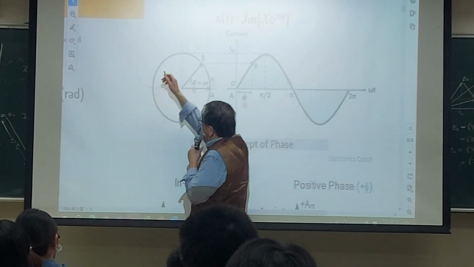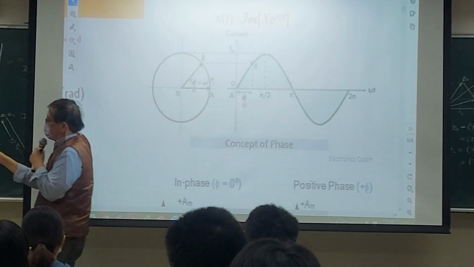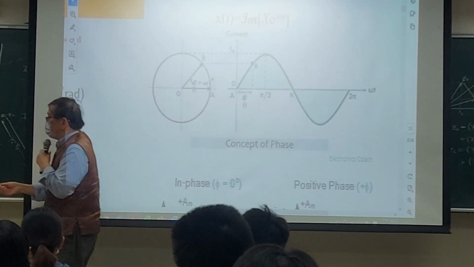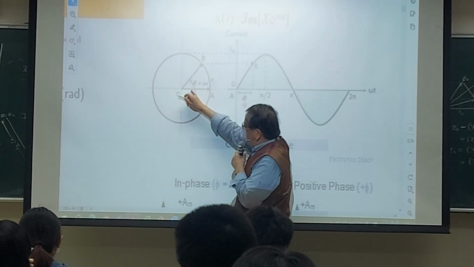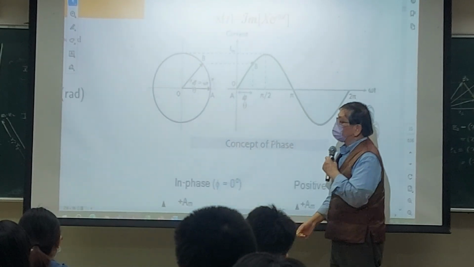Now the radius of this circle is A, the magnitude or the radius of the circle.